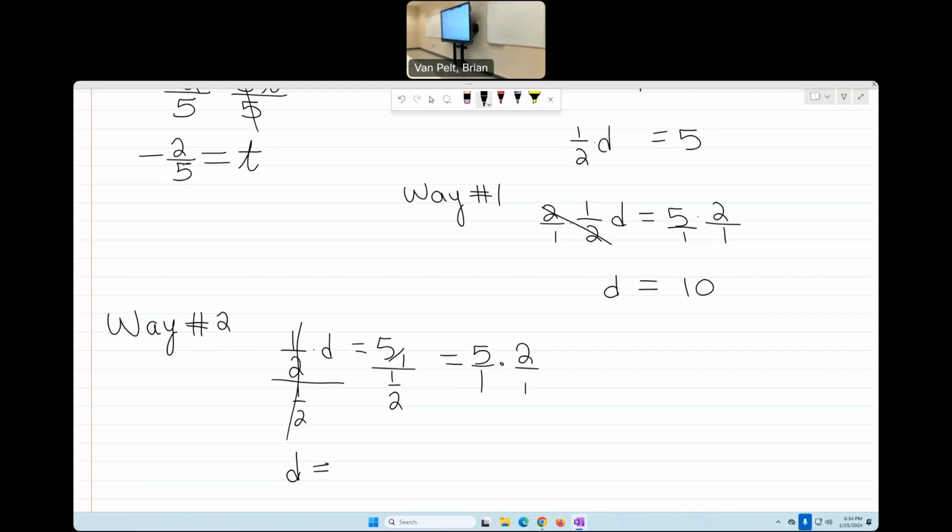Any questions about that? This is kind of like accounting. Whatever you do to one side, you got to do to the other. Go ahead. When you divide any fraction, does it matter which one you flip?